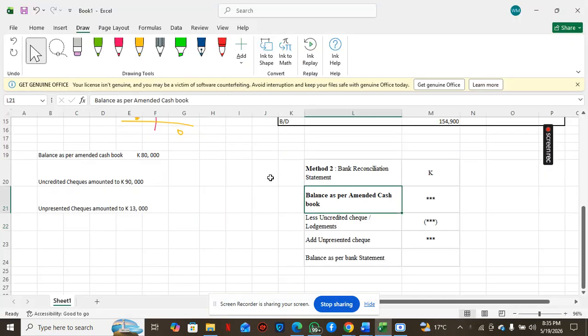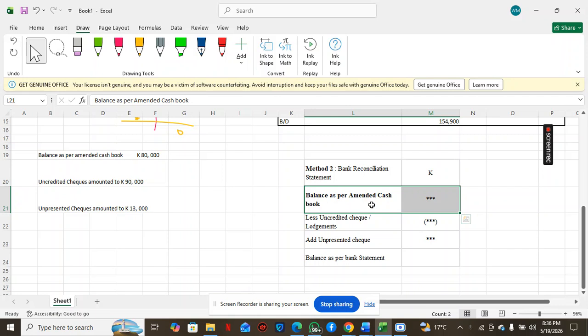Okay, so we're looking at understanding the bank reconciliation statement. With this method, we're using the method where you start with the balance of the amended cash book. So any uncredited checks, it means this is money that has come in, but the bank is not aware of.